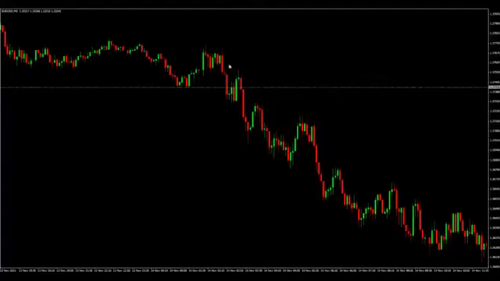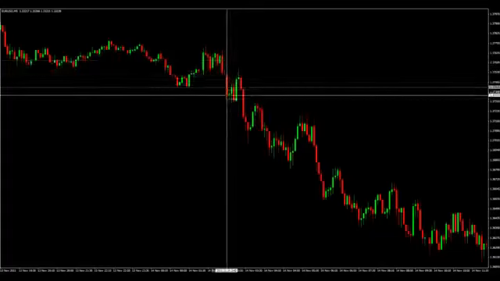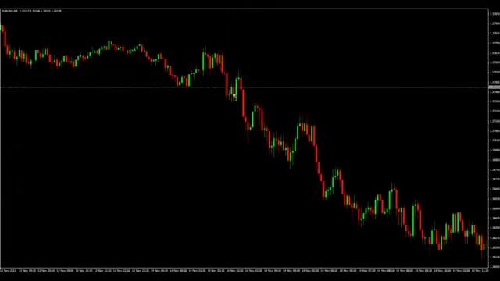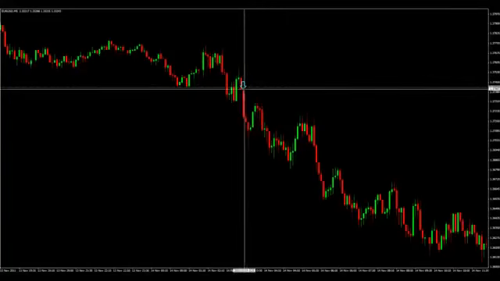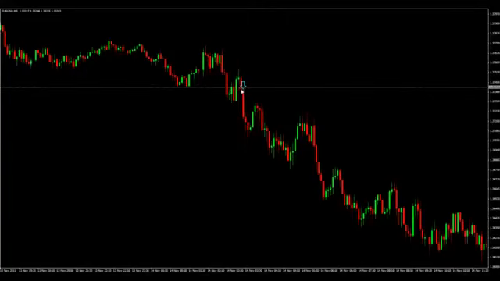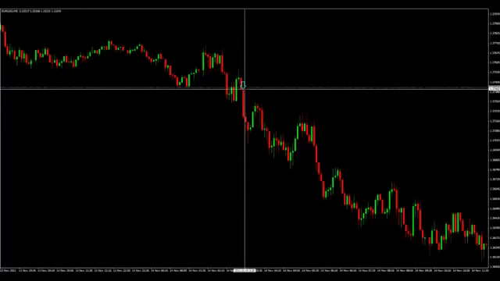The particular strategy that I was using was, whenever you have a support line and price comes down and breaks this support line in a downward move, we wait for price to retrace back above this support line, and once it re-breaks this support line again, then we are going to be taking the trade. So this would be a put right here that we would be taking at the very top of this candle. As soon as that candle closes and ends under our support line, we'd be taking a put right there.